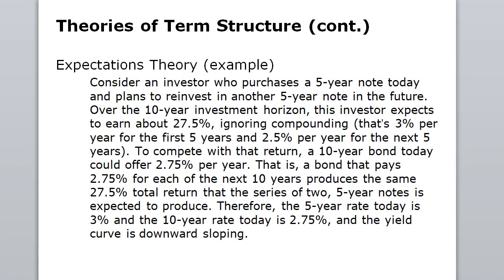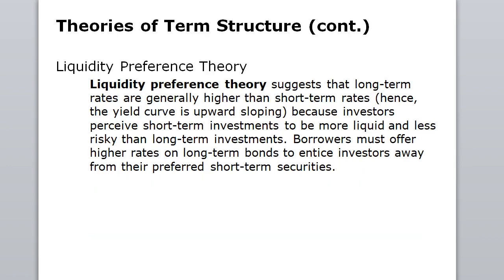To compete with that return, the 10-year bond today should offer 2.75% per year. That is, the bond that pays 2.75% each year for the next 10 years produces the same 27.5% total return as the two 5-year serial bonds. So the rate today is 3%, and the 10-year is 2.75%. The yield curve is downward sloping.